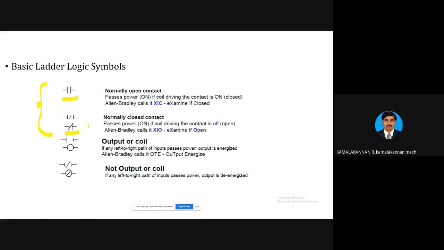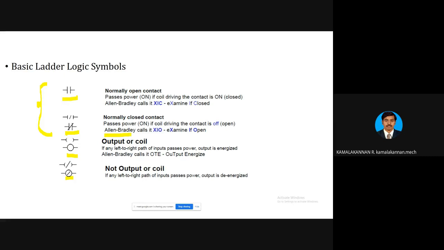Next one is output or coil. This is how the output will be indicated. Here you also note down, boys, that these types of symbols are used in Allen Bradley. This is one of the popular ladder logic programs. As I told you, in PLC there are many different types of programs, and one of the popular ones is ladder logic.